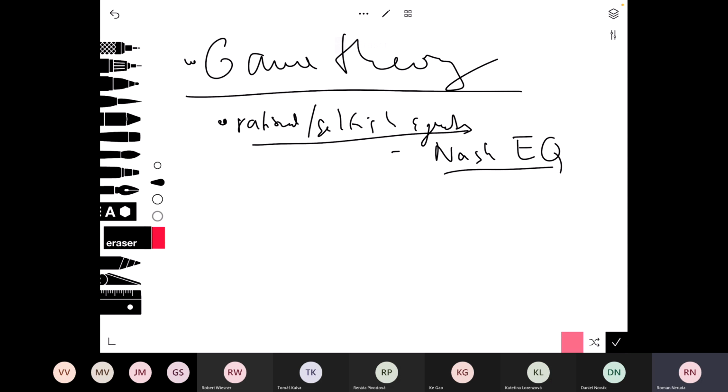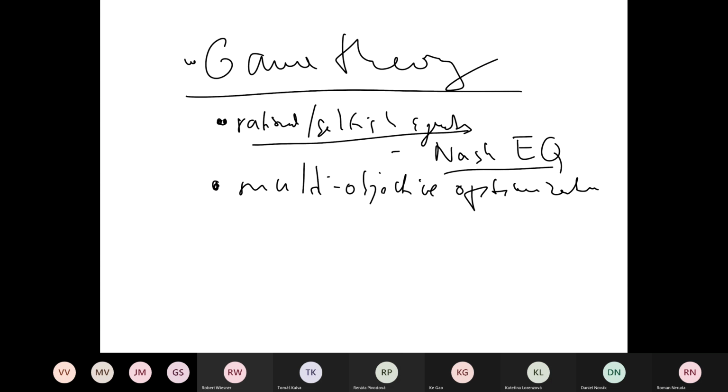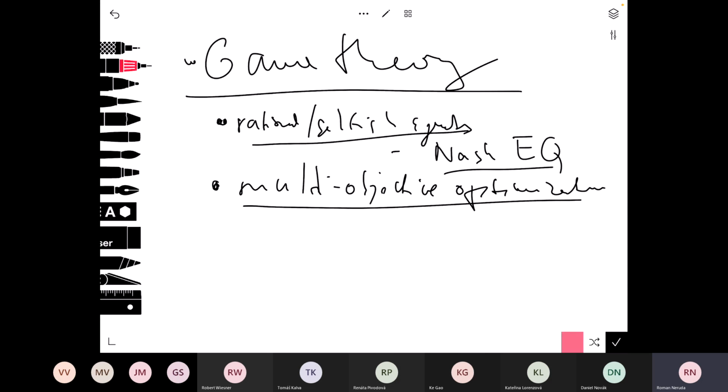But we can also take a look at the optimization of utilities of different agents. If you have at least two agents, you can see the problem as a multi-objective optimization. Each agent wants to optimize, but we are looking for solutions that are optimal for both or all of the agents involved.